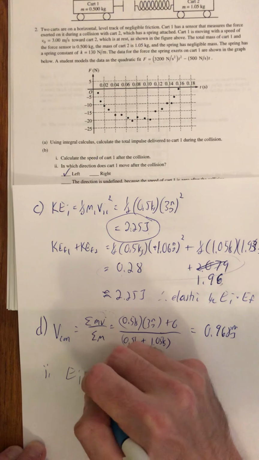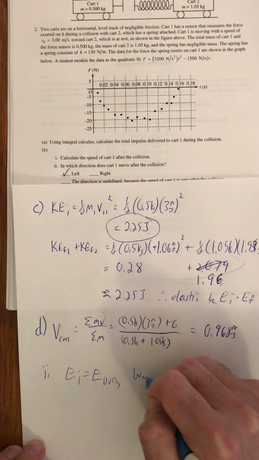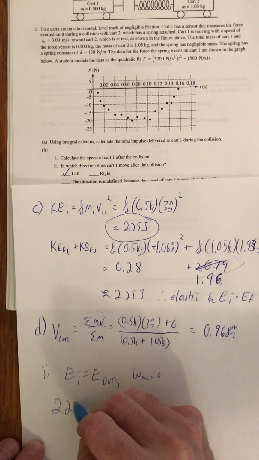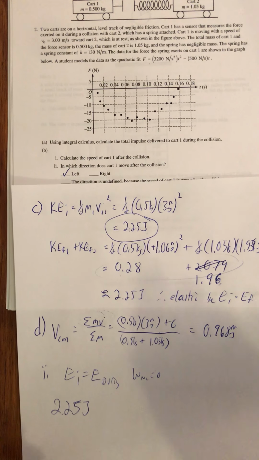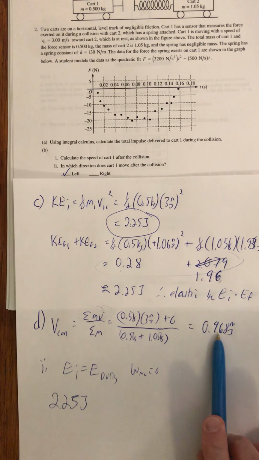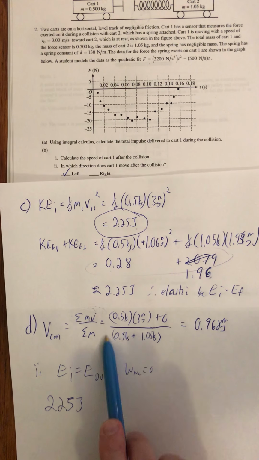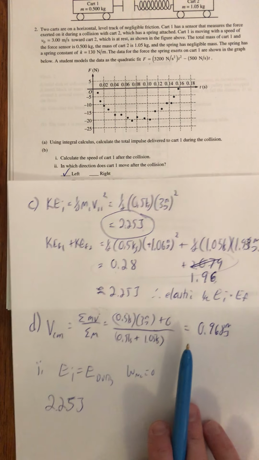And so energy initial has to be equal to the energy during this thing, because the work non-conservative is equal to 0. So this is 2.25 joules. Now remember, this is the velocity of the center of mass. It is also what the velocity would be if the two objects stuck together in an inelastic collision, right? Because this would be like the combined mass.